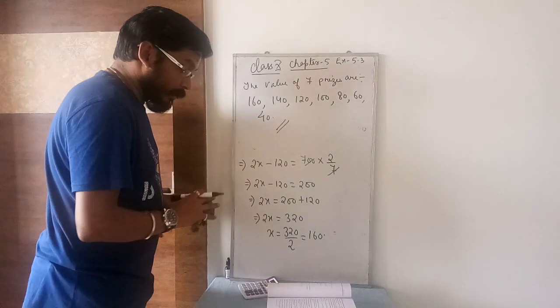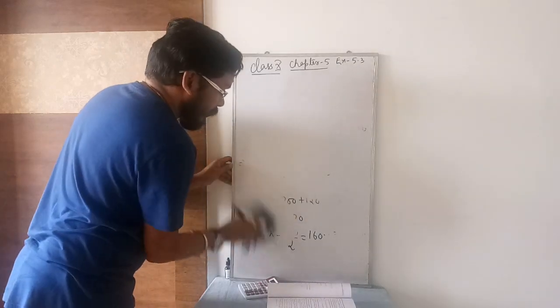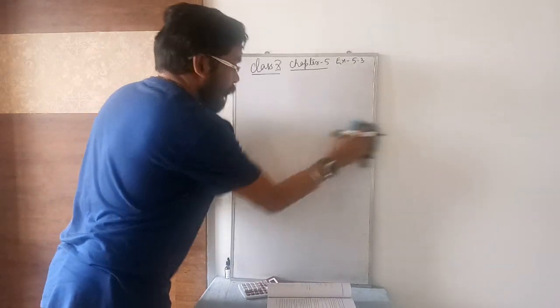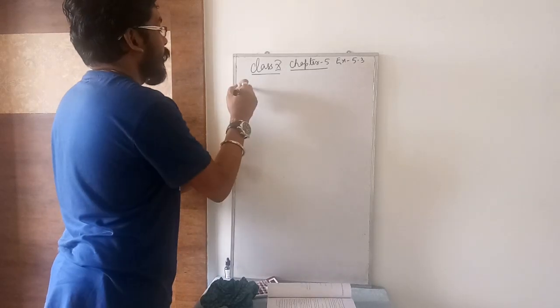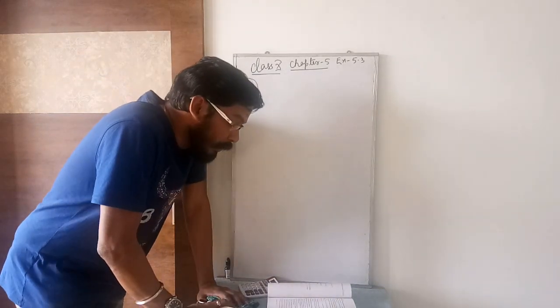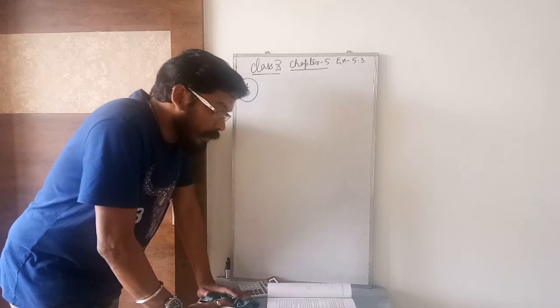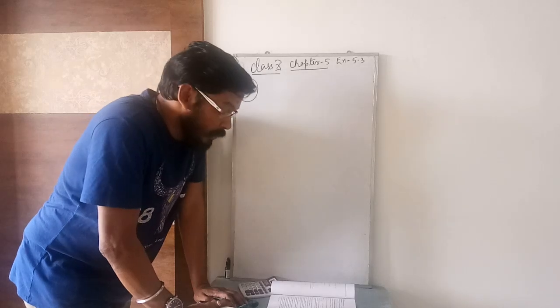Next, question number 17. So question number 17, what did they say? They have said, in a school, students thought of planting trees in and around the school to reduce air pollution.